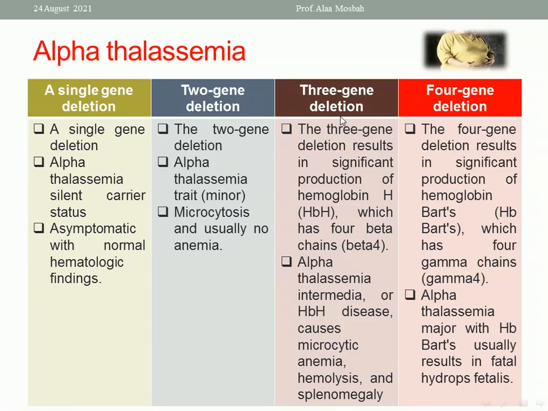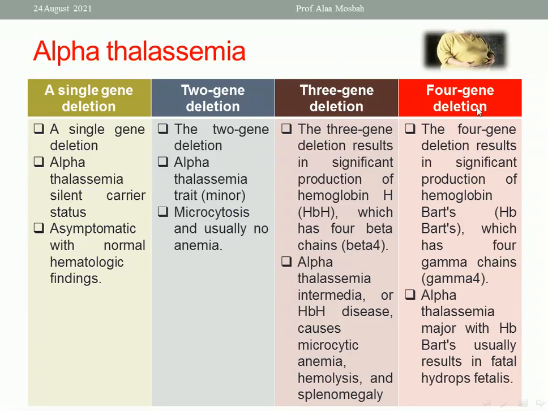Then the more hazardous one is the 3 gene deletion. The 3 gene deletion results in significant production of hemoglobin H, which has 4 beta chains. Alpha thalassemia intermediate or hemoglobin H disease causes microcytic anemia, hemolysis, and splenomegaly.